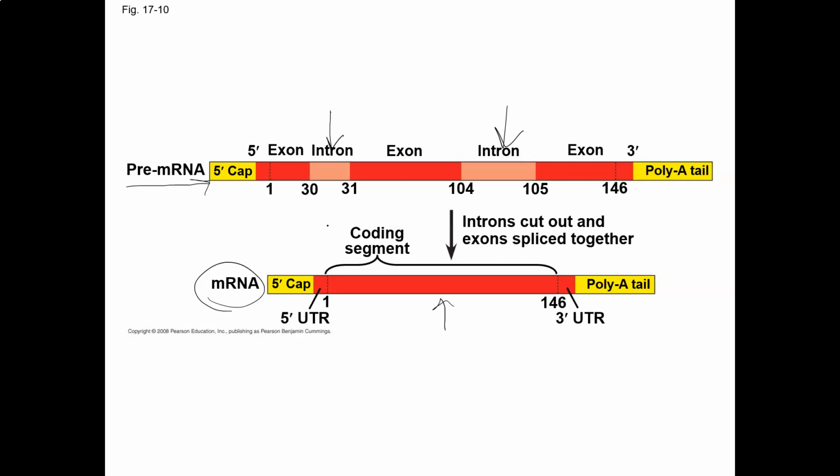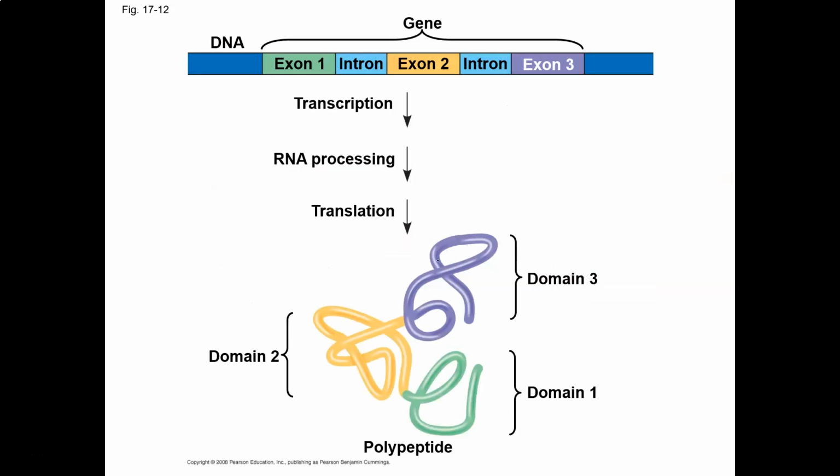Often when you look at the finished protein that's made from this messenger RNA, you'll see that the exons correspond to specific what they call domains or subunits in the proteins, where they may have different regions that have specific functions.